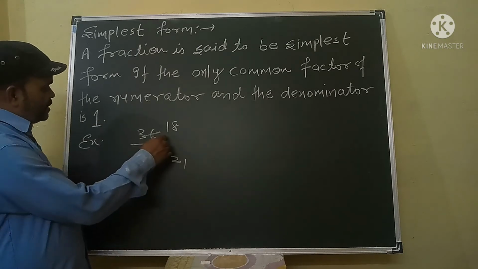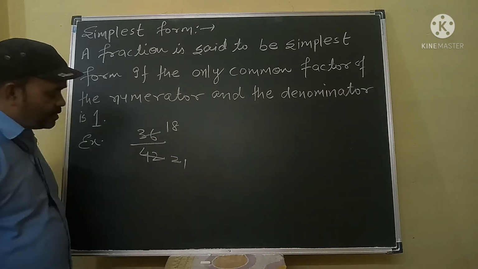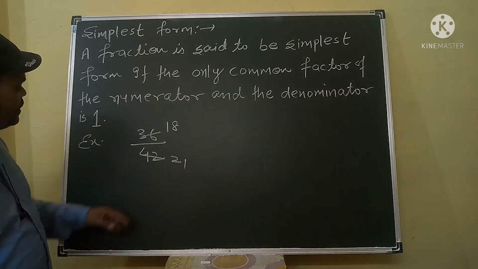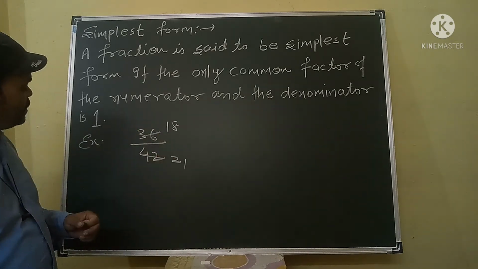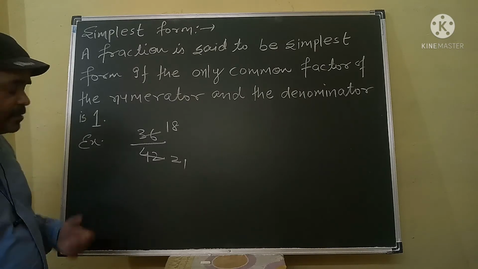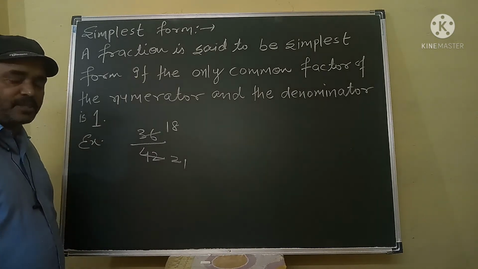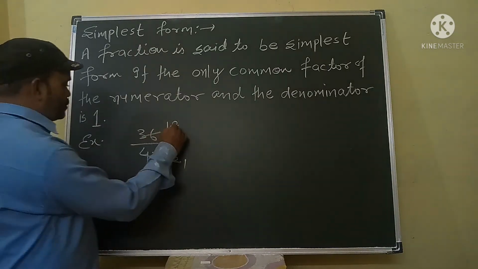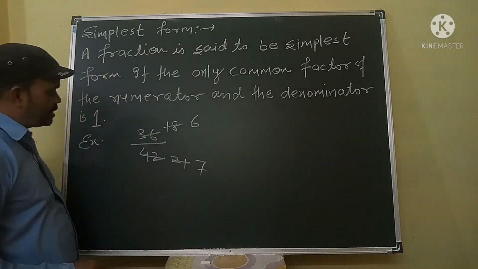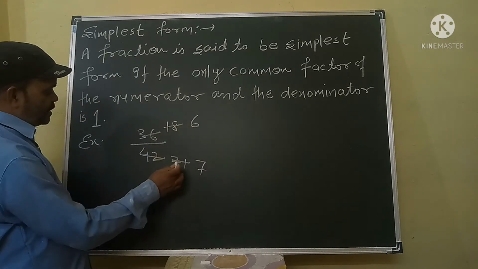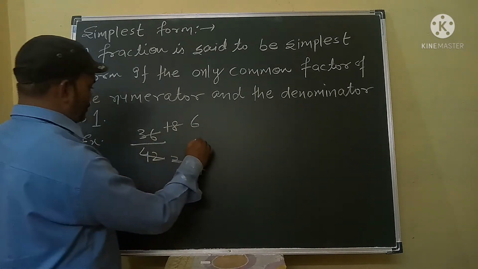Okay, and this is 18 and 21. Kindly keep in mind, these two numbers are divisible by 3. 3 6s are 18 and 3 7s are 21.